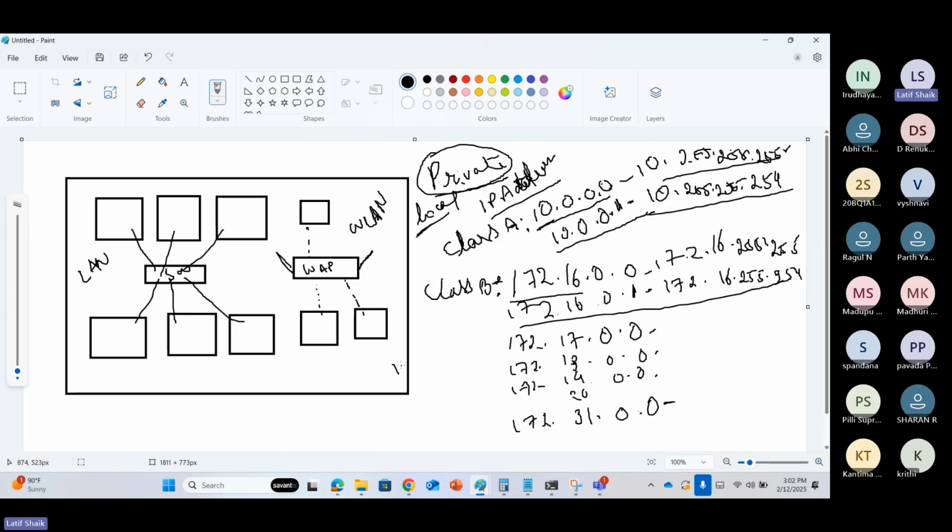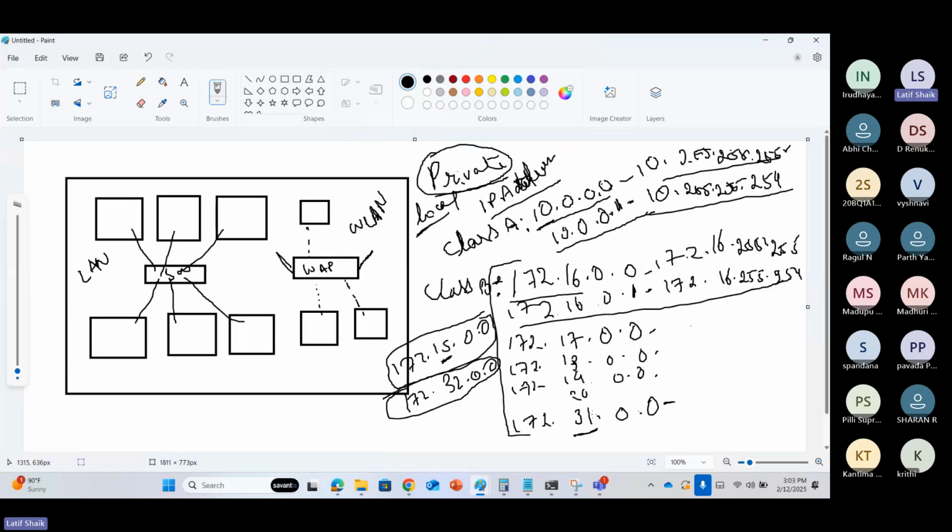If you use 172.32.0.0, again it's public. So the private ones are from 16, 17, 18, 19, 20 up to 31.